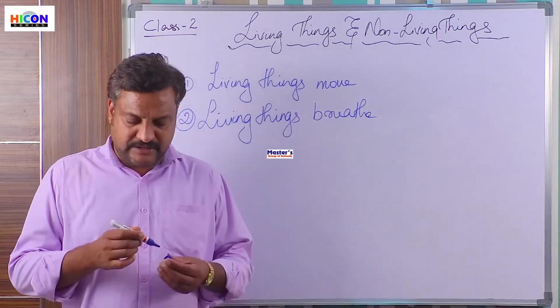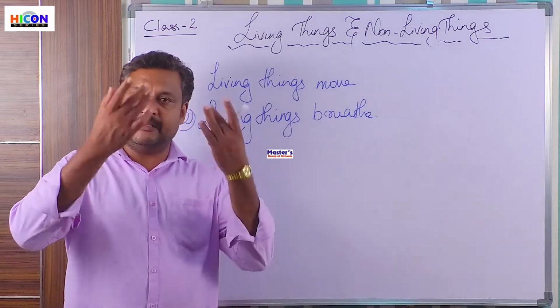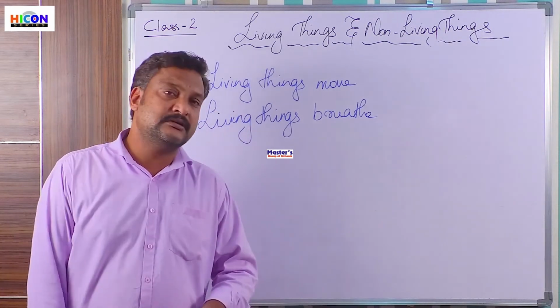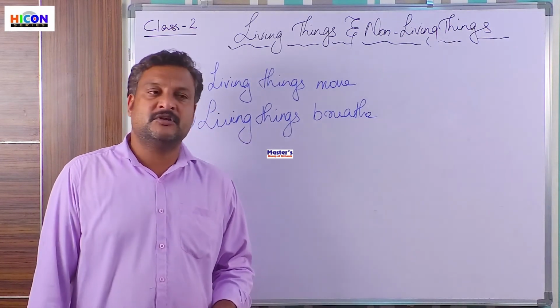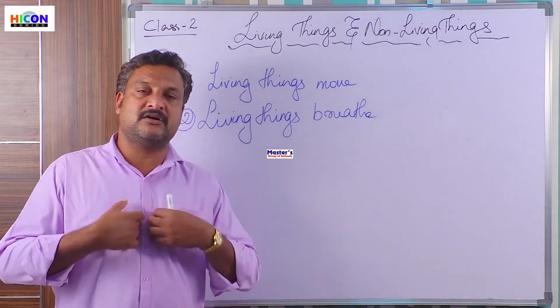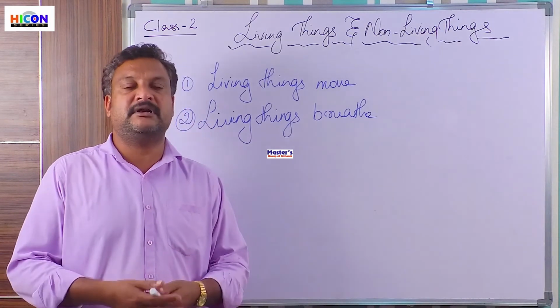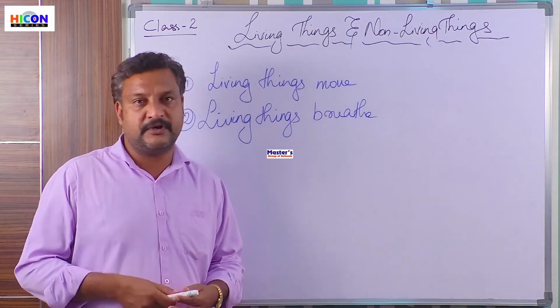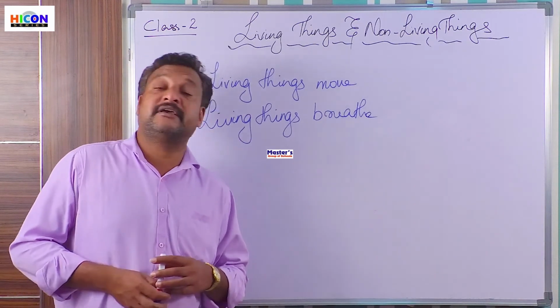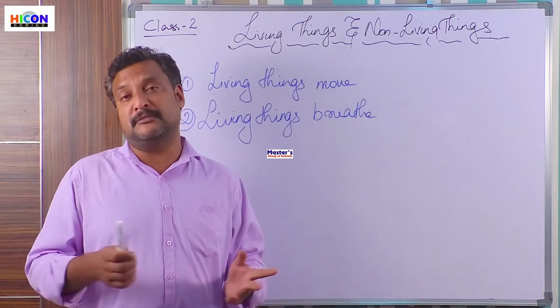We know breathing is a process of taking in the oxygen and giving out the carbon dioxide. So the process of taking in oxygen and giving out carbon dioxide is called breathing, right? And this is done by all animals, we know.